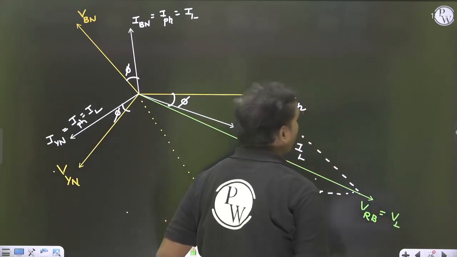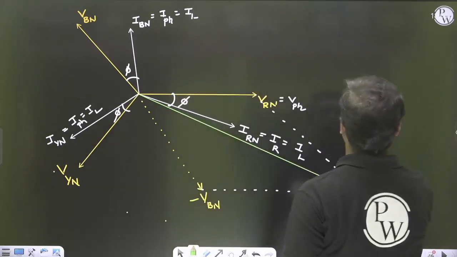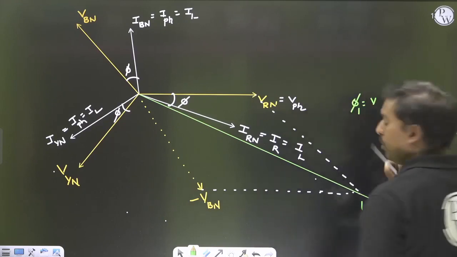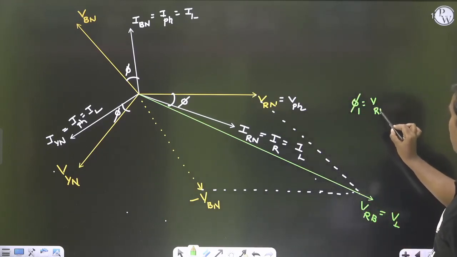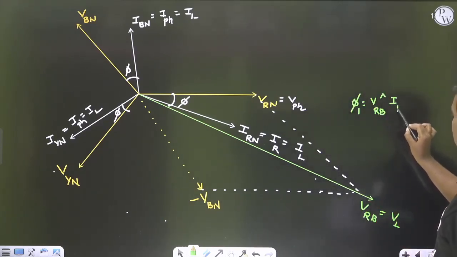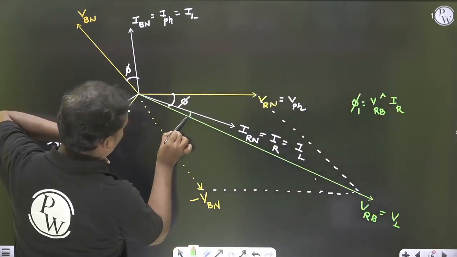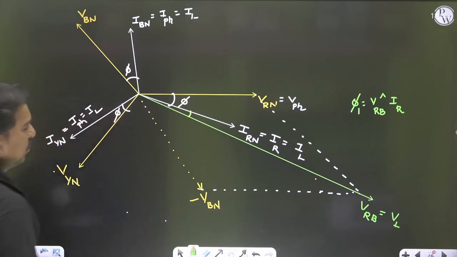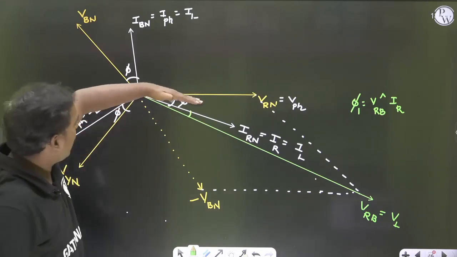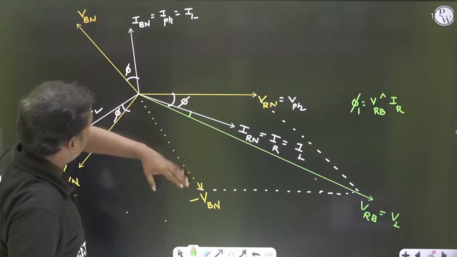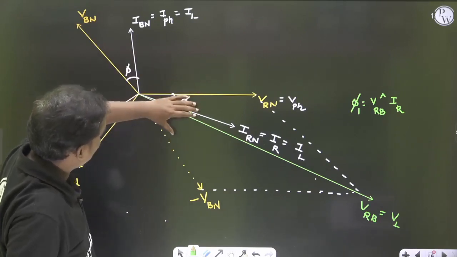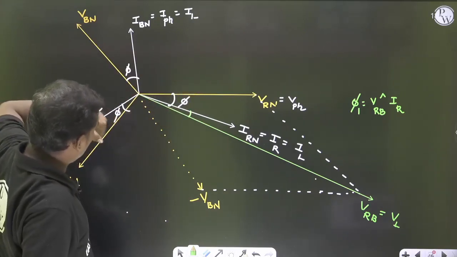Now what I want is the angle phi 1, that is the angle between what? VRB and IR. So that means this angle. What is this angle? If we check, this total angle is 120. This splits into 60 and 60.